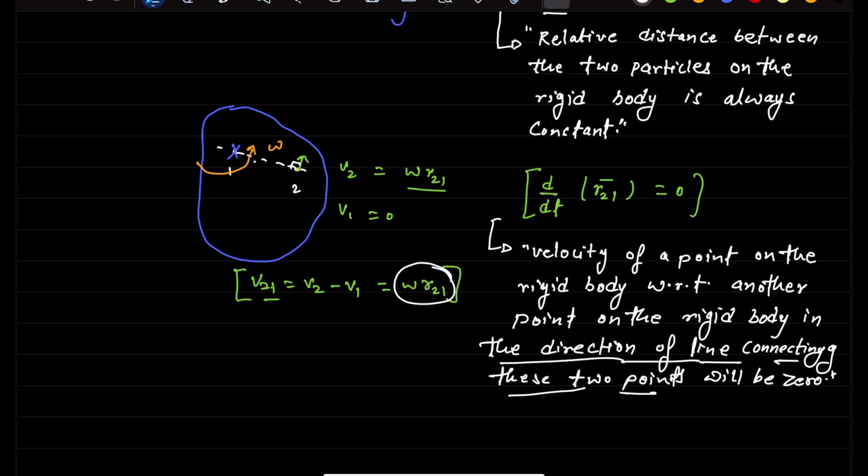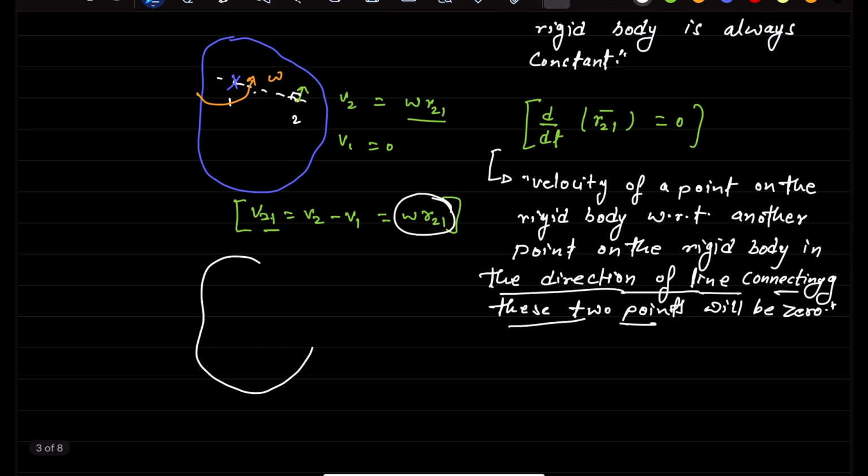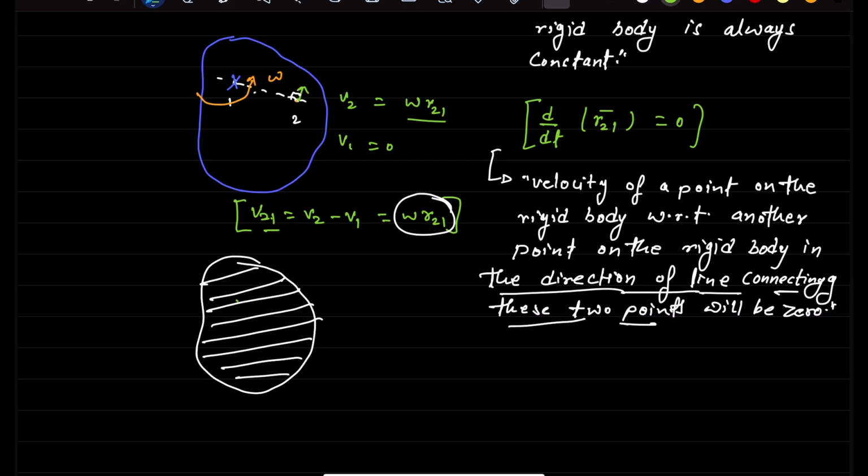It will not be in the direction of the line connecting 1 and 2, because the shape is fixed. So this is the implication of the rigid body in our physics. We can say that there will not be any relative displacement in the direction of the line connecting 1 and 2. Okay, so this is how we define a rigid body. So this is the lecture about the rigid body.